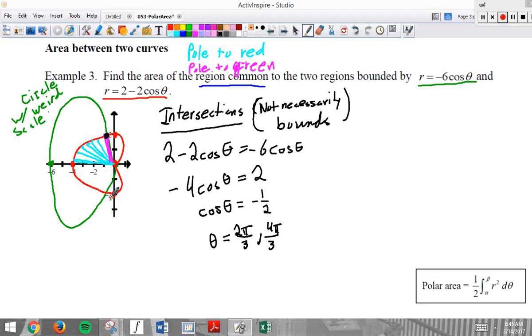So that's this point and this point, sorry. The two intersections are in black. So the blue region will be the rotation, counterclockwise, from 2 pi over 3 until pi. The blue region is from 2 pi over 3 until pi.